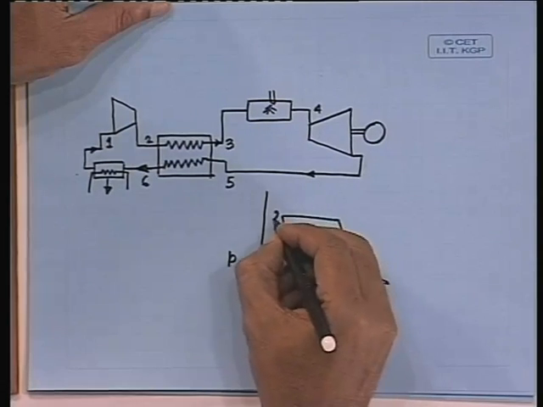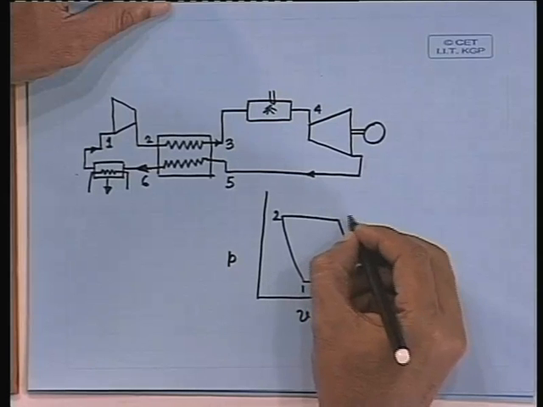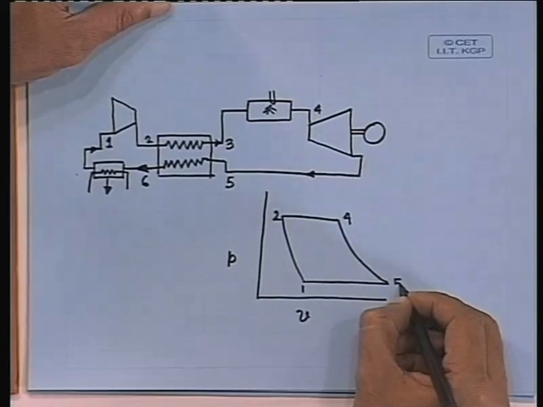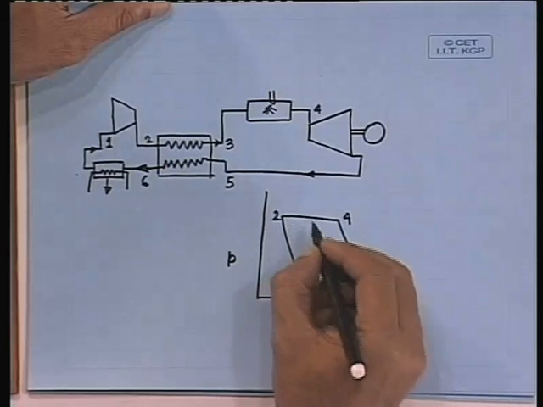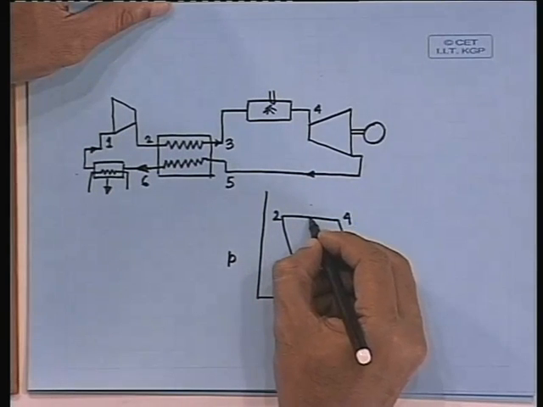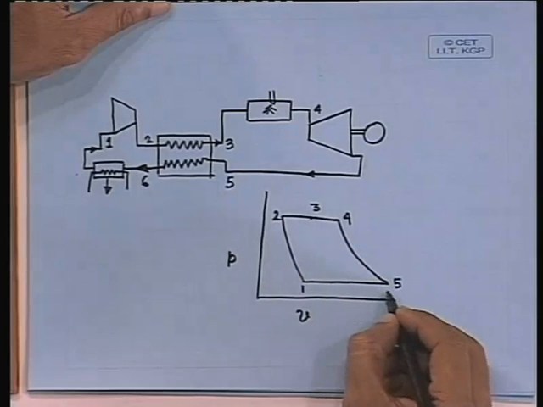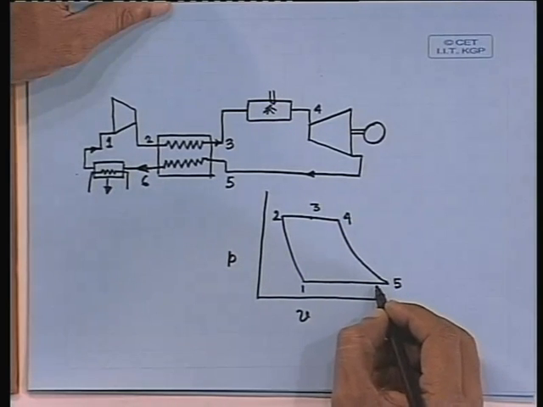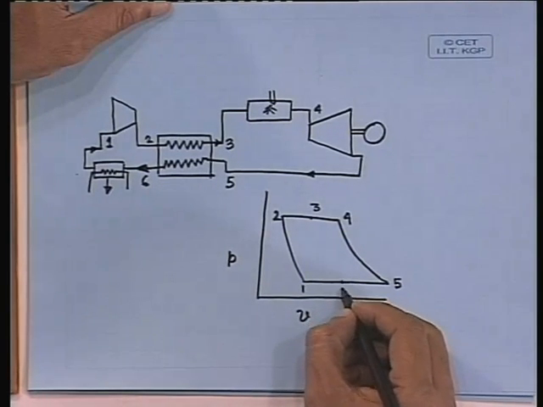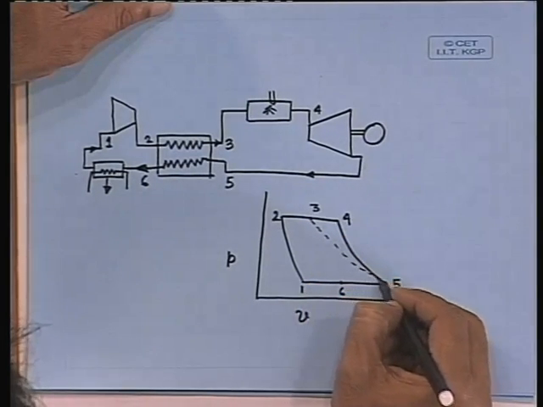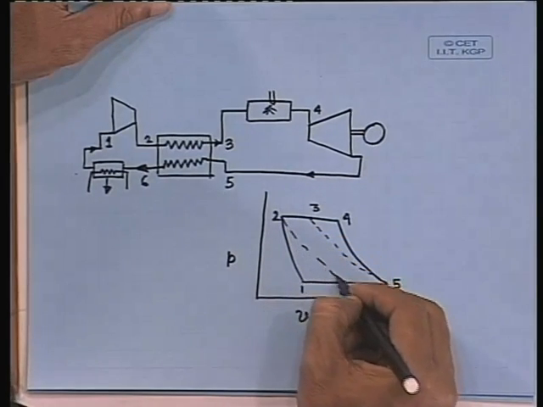So, 1, 2, then 2 to 4, 4 to 5 and 5 to 1. Only thing is that in between we have got 2 to 3 and then we have got 5 to 6. So, this is internal, that is what I have told in my last class.